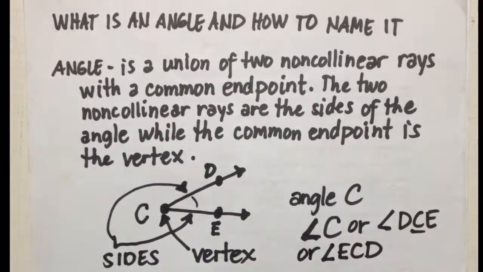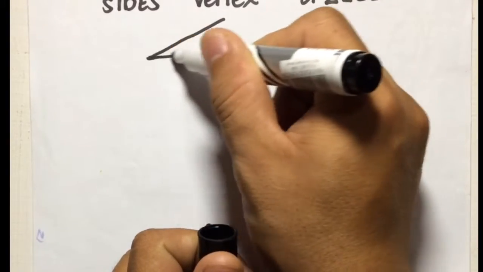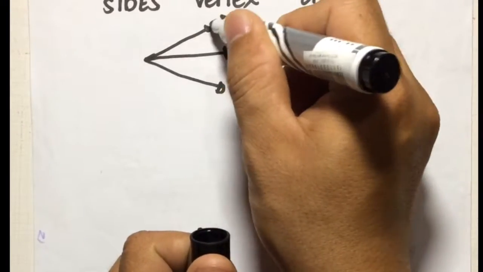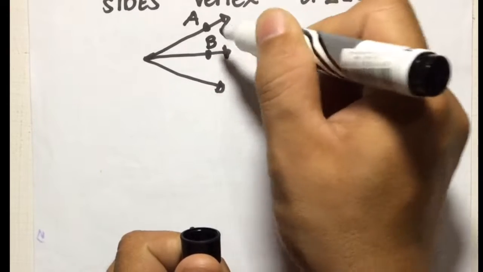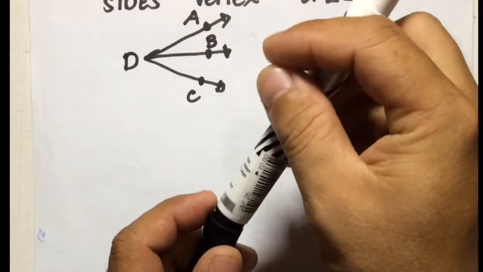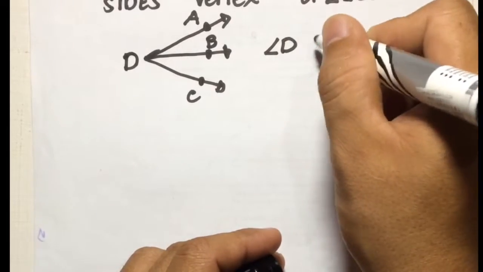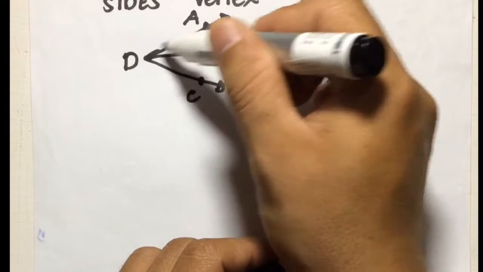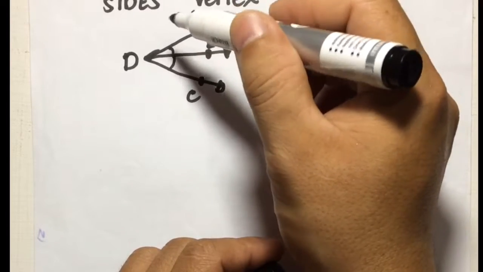For example, if we're going to have these angles here, let's have this one as A, then B, then this is C, then the common endpoint is D. In this case, we cannot name this one as angle D. This is not angle D, because if we're going to talk about angle D, we have two angles here, so it can lead to confusion.